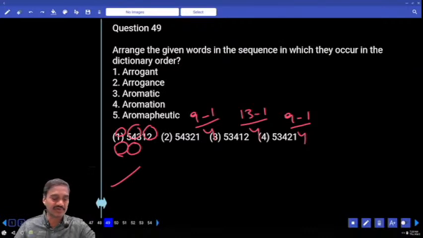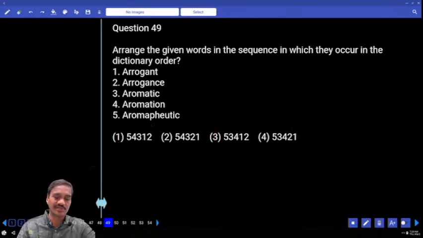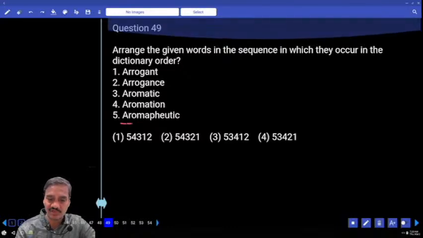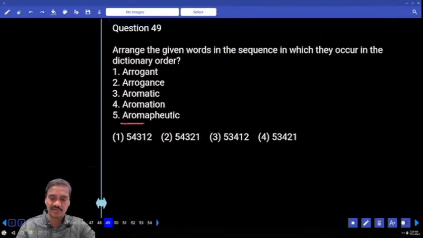Then coming to 49. Now in this 49 we need to arrange all these in dictionary order. Tell me which comes first here. A, R, O, M, A. Up to here A, R, O, M, A, all these are same. And next one A, R, O, M, A. Then tell me what should be the next one here? A, R, O, A, R, R, A, R, O, M, A, T, hence M, A, P comes first.